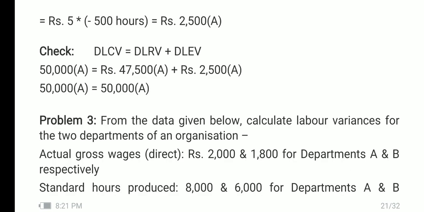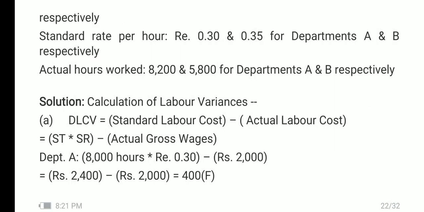Now, standard hours produced: for department A 8,000 hours, for department B 6,000 hours. Then standard wage rate per hour for department A is 0.30 rupee, that means 30 paise. For department B it is 35 paise.